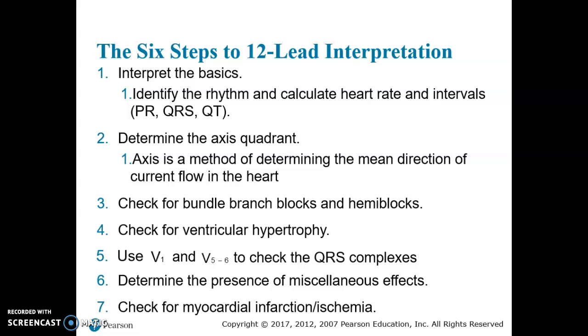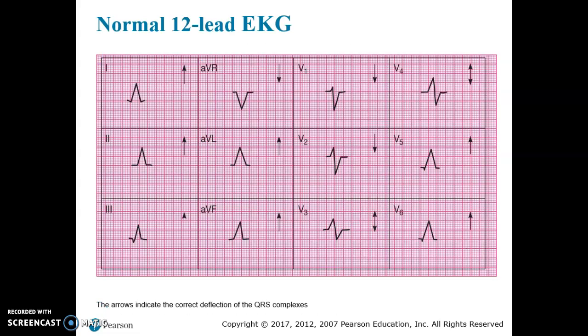So as we move forward, these are our normal EKG deflections. Make sure that you know your deflections. And again, we went over this earlier, but make sure that you know what you're supposed to see in lead 1, lead 2, and lead 3. Lead 1 is positive. Lead 2 is positive. Lead 3 is positive. AVR is negative.